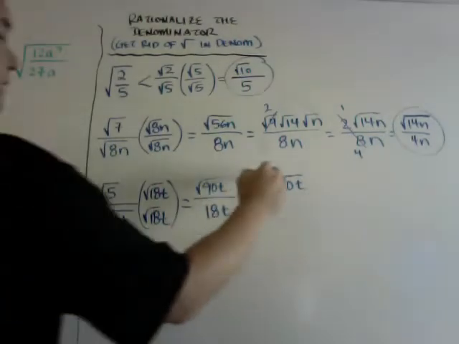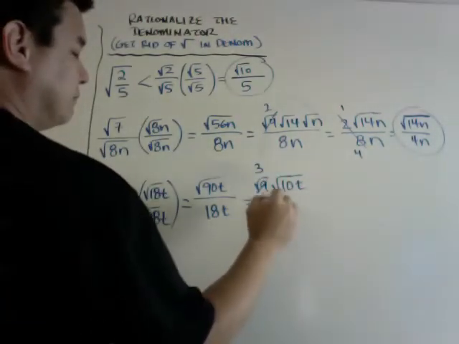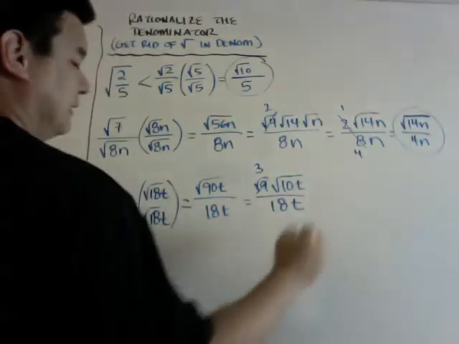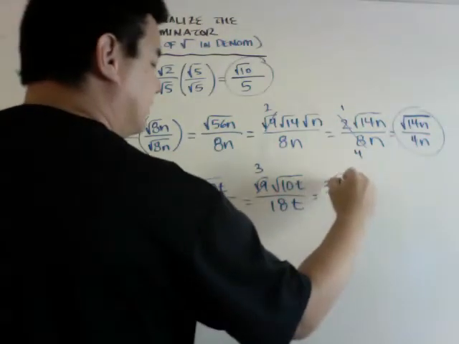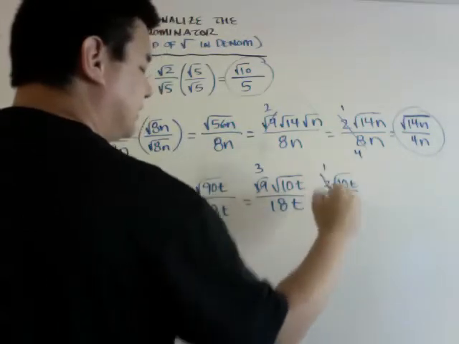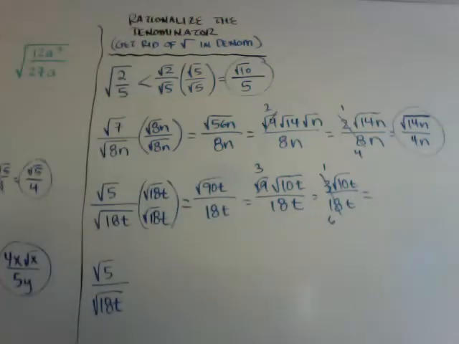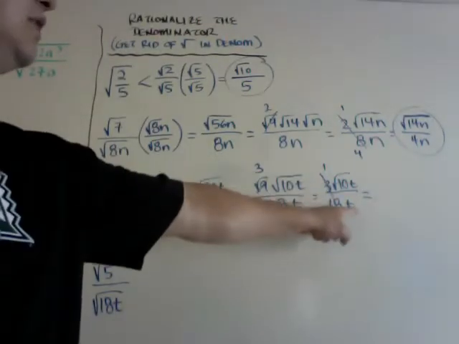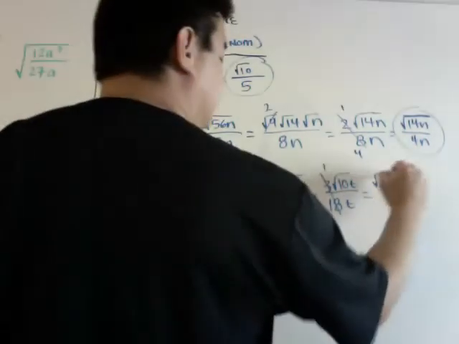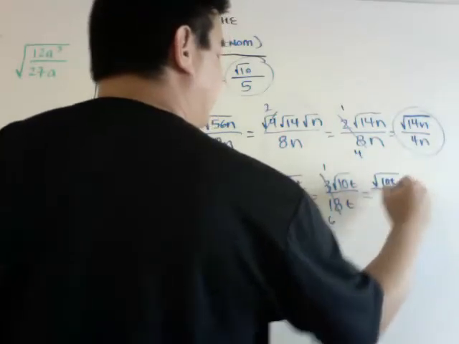So this becomes a 3. And I leave the 18t. And so I got 3 radical 10t all over 18t. I'm going to cancel this to a 1 and a 6. And again, because this t is under the radical and this one is not, I cannot simplify those. So I'm going to leave it as radical 10t all over 6t.